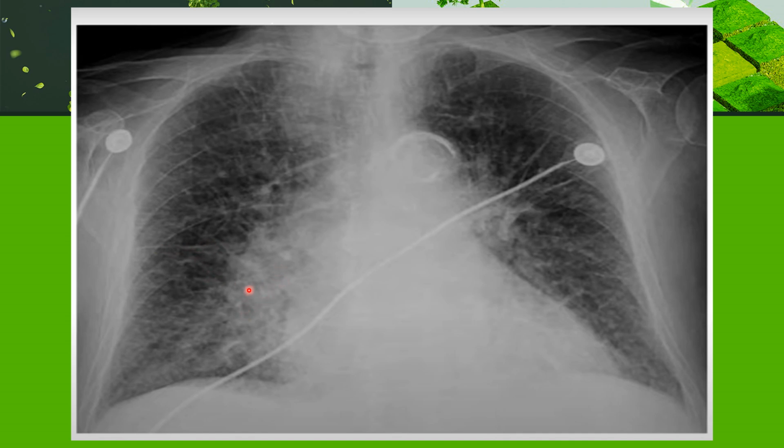With increasing interstitial edema, the increasing hydrostatic pressure ultimately breaks the barrier of the alveolar epithelial surface and enters the alveolar space. The alveoli become flooded with fluid, and frank pulmonary edema starts.